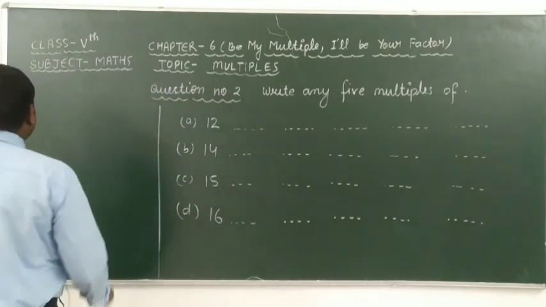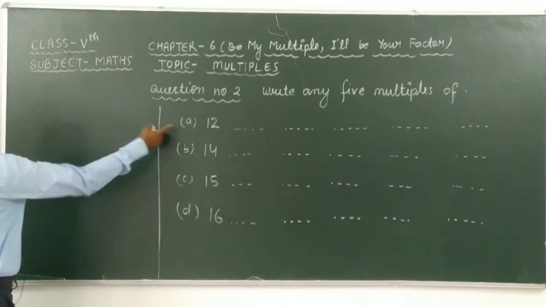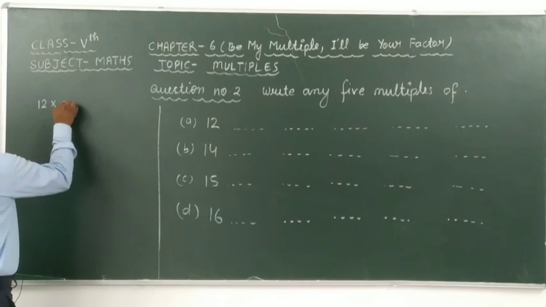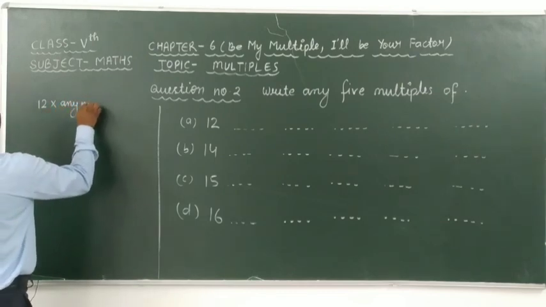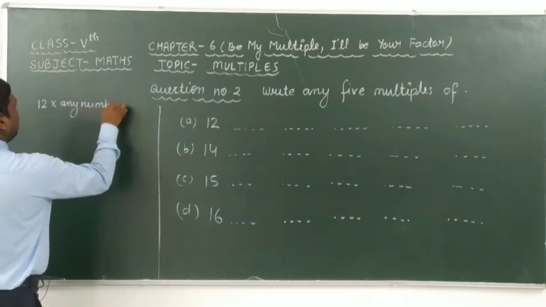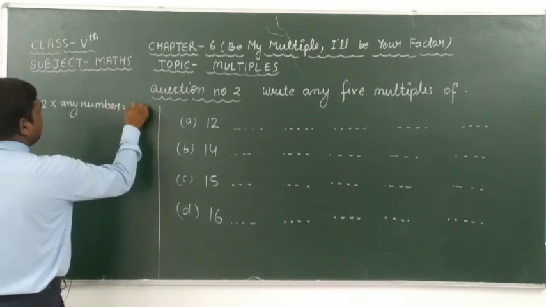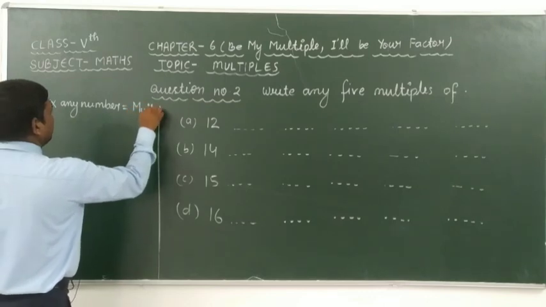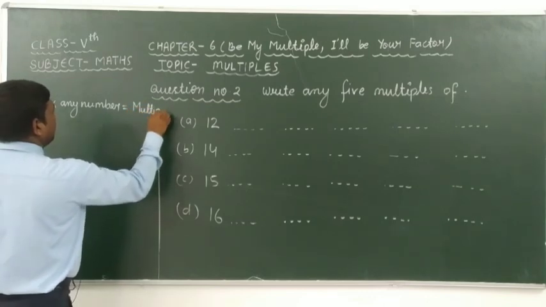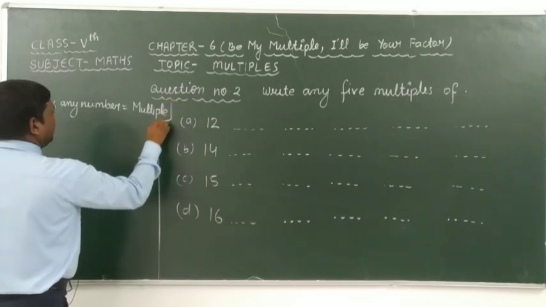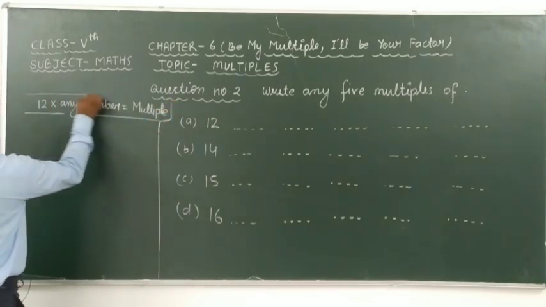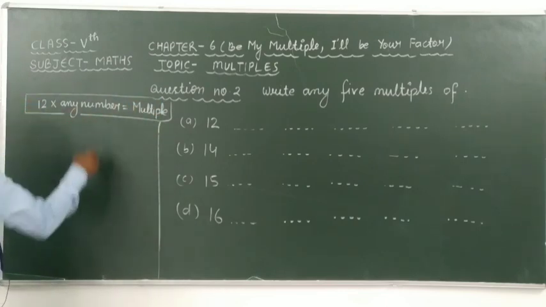Here we can take the multiplication of 12 and any number, then we get its multiple. Dear students, please keep in mind this formula.